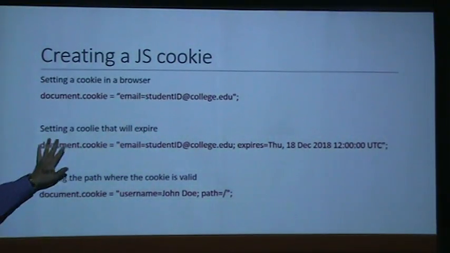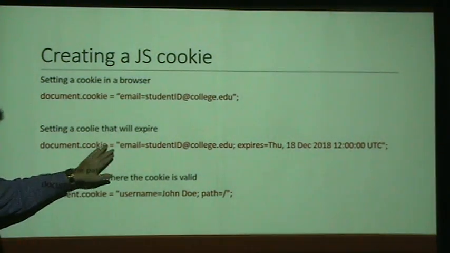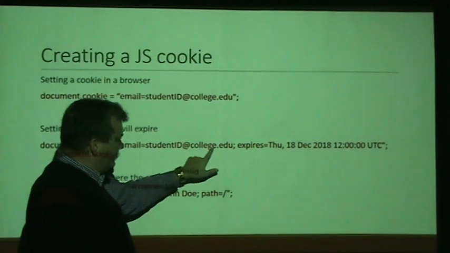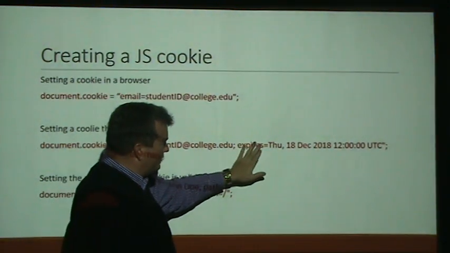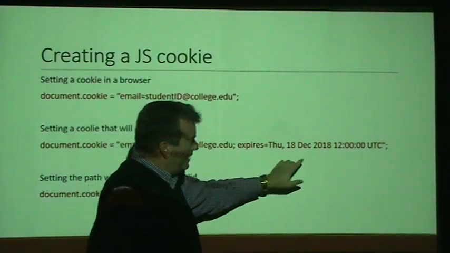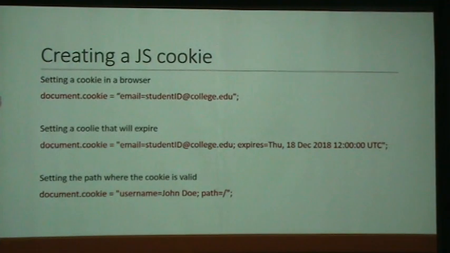So you could say document.cookie equals email equals the student ID and the whole email address, and then you could say it expires, and you have to give it in UTC time, and then the cookie will go away at that time. Otherwise, the cookie remains valid.